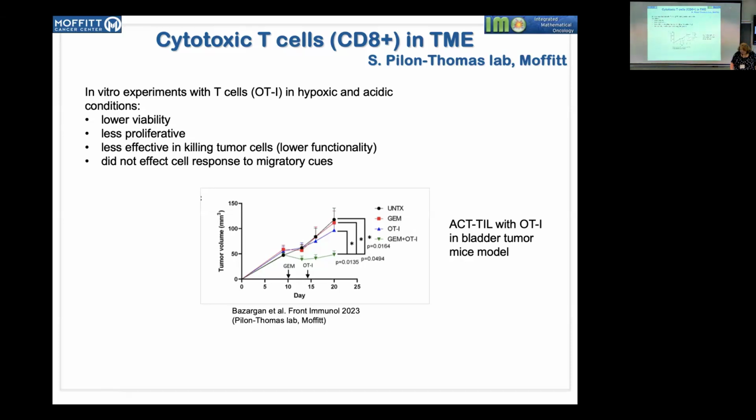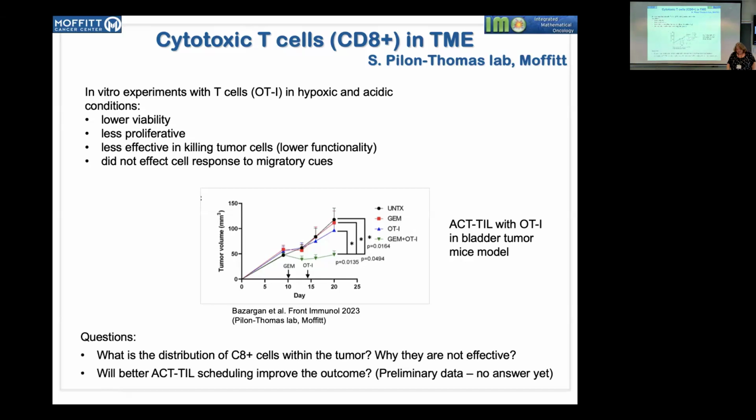So we were interested in why it happens, why the OT1s are not much better than gemcitabine or the untreated. Our interest was to see where those T cells actually are in the tissue. We see in the size of the tumor there's not much difference.